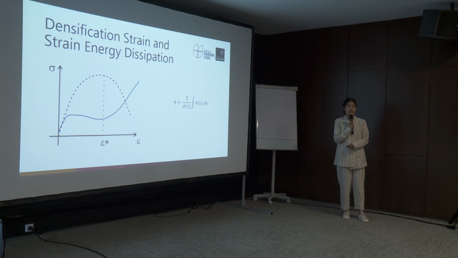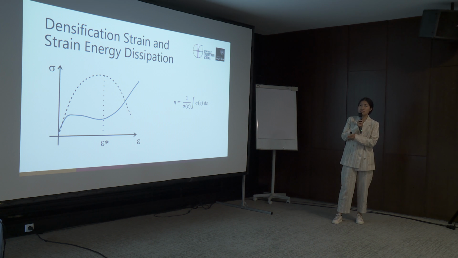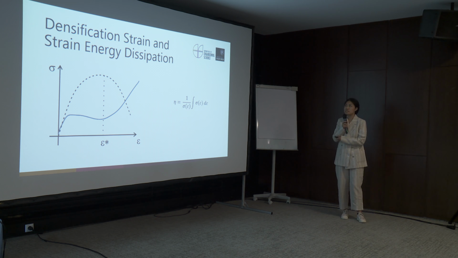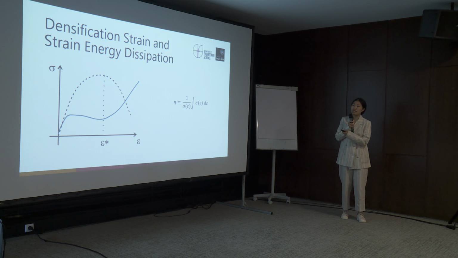The densification strain is one of the most important properties of cellular solids, which indicates where the cellular solids start to densify, which means that there is cell wall interaction in these solids. This increases the compressive resistance of the cellular solids, but there is ambiguity and uncertainty in the definition of at which strain this densification occurs.